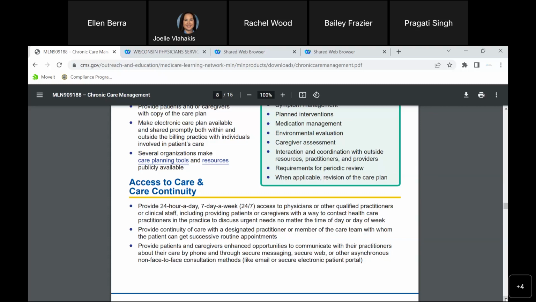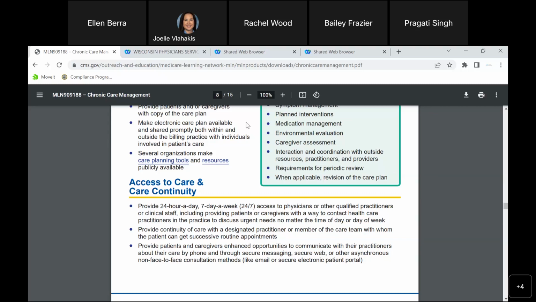You can use an answering service as long as your answering service can identify this patient is a CCM patient, and therefore they need to get to that clinical staff. So the possibilities are kind of wide open for how you do that, as long as that patient can get to clinical staff members.